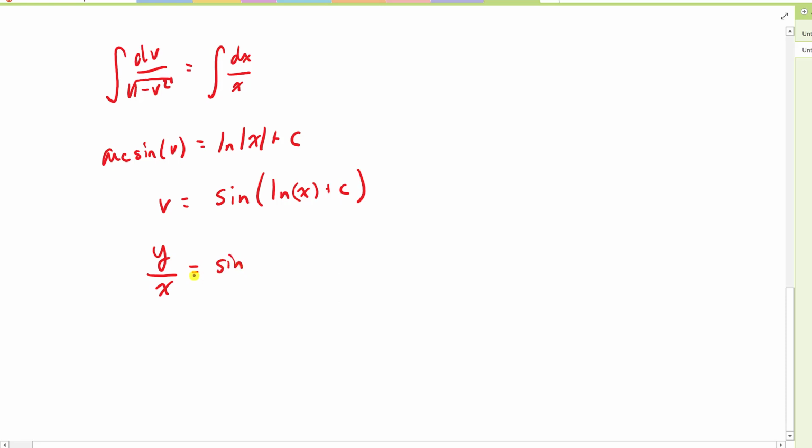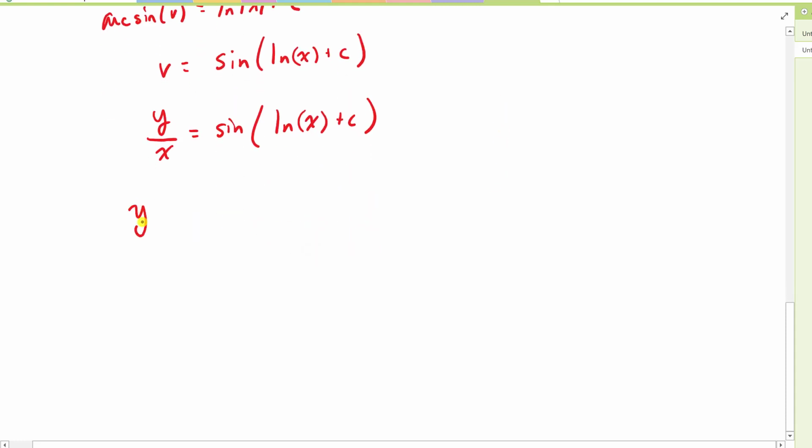So we get y over x is equal to the sine of the natural log of x plus c, or finally that y of x is equal to x sine of the natural log of x plus c. We've now solved this differential equation by using the substitution v equals y over x.